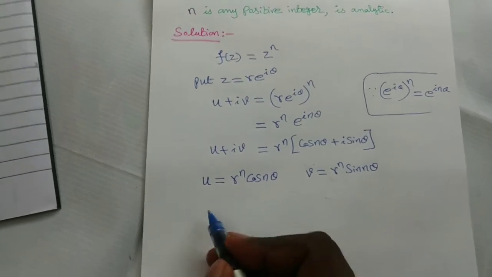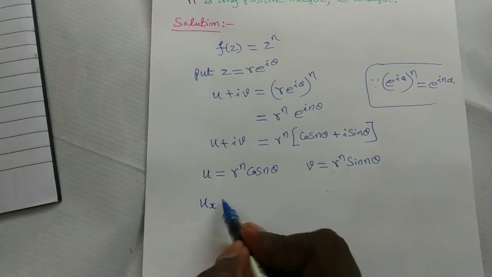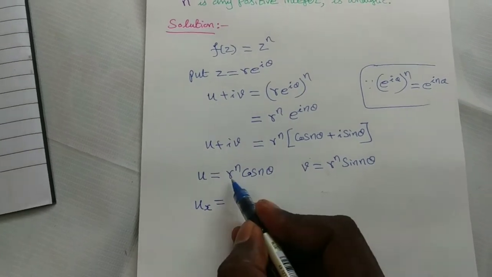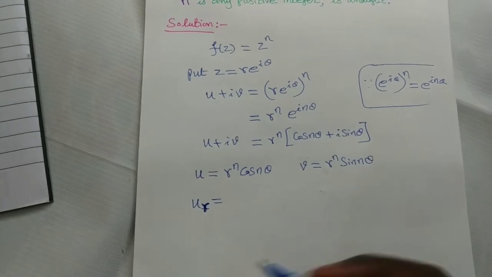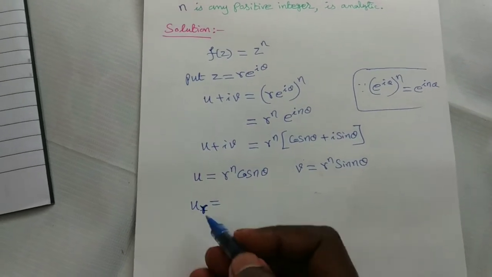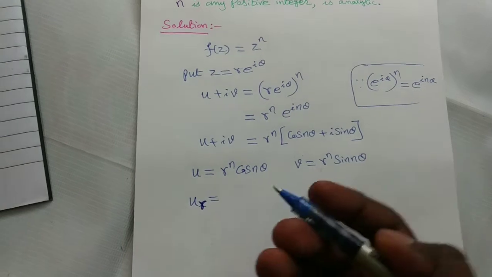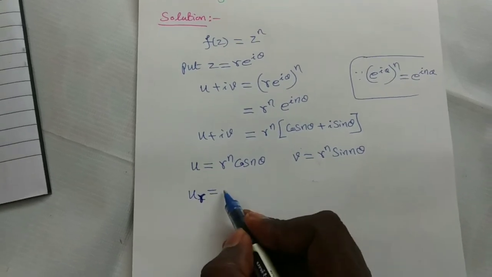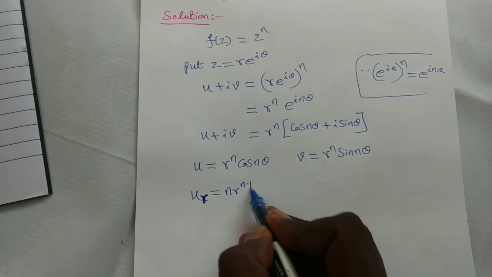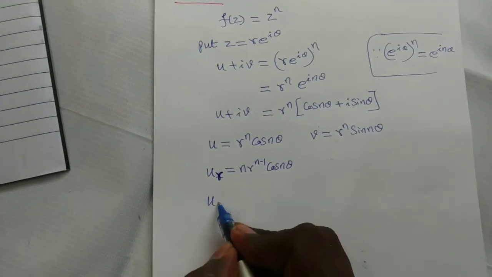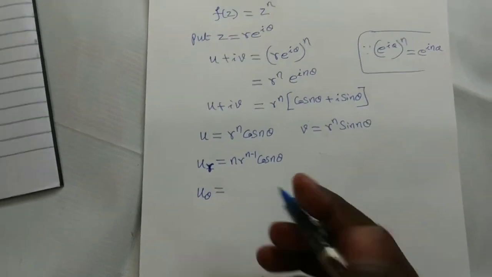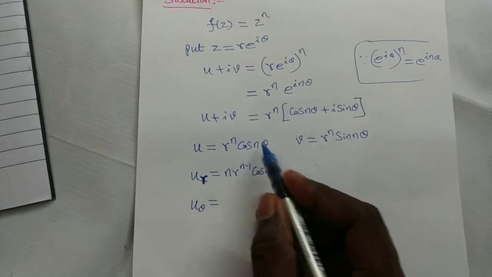Okay, so now I am going to take partial derivatives with respect to r, because I am going to apply the polar form of the CR equation. So ur means partial derivative with respect to r: differentiating r power n gives n into r power n minus 1, into cos n theta. Next I want u theta. U theta is the partial derivative with respect to theta.